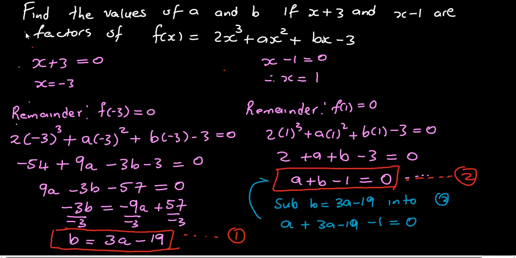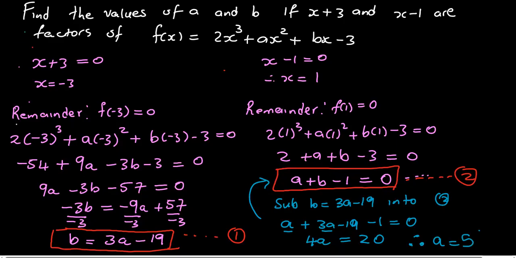What we did in this equation was just the substitution. The next thing we need to do is solve for a. 3a plus a is 4a, equated to what? Then minus 19 and minus 1 is minus 20. When you bring it to the other side, it is positive 20. What is the value of a? We divide both sides by 4, and we find that the value of a is 5.